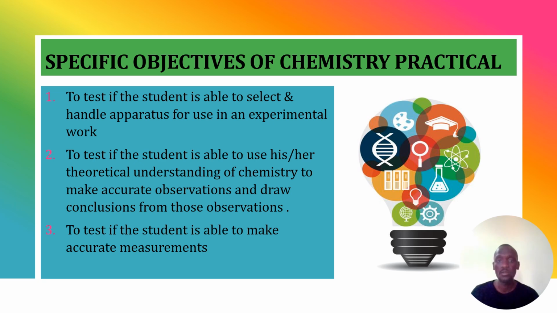Secondly, students should be able to use theoretical understanding of chemistry to make accurate observations and draw conclusions from observations made during chemistry practice. Finally, the student should be able to make accurate measurements, depending on the instruments provided. Like with a stopwatch, the student should make accurate records of time, also temperature and volume.